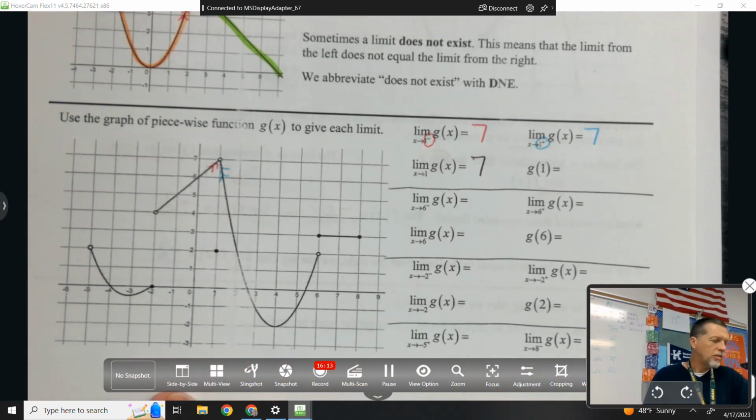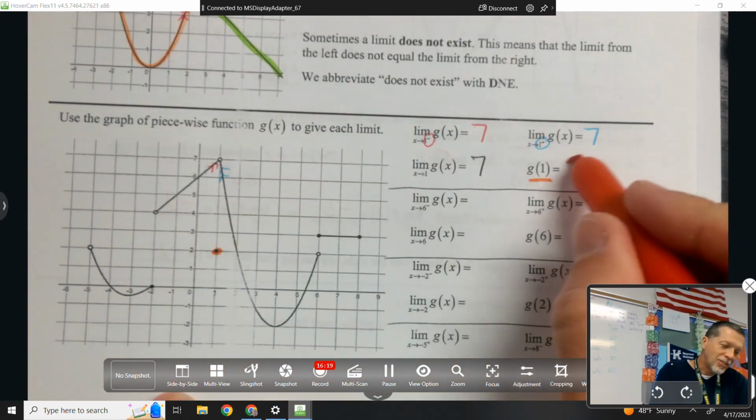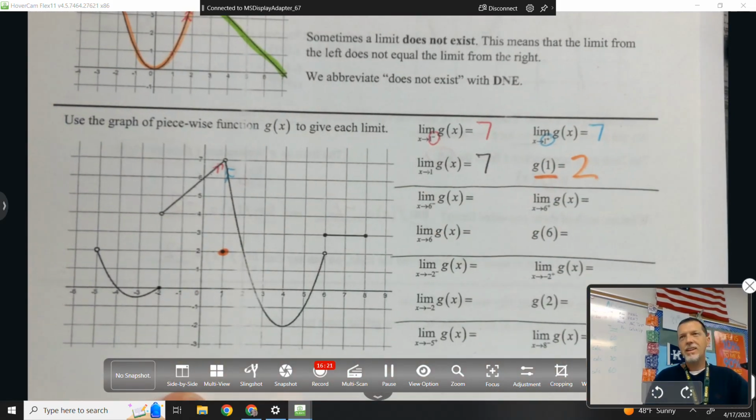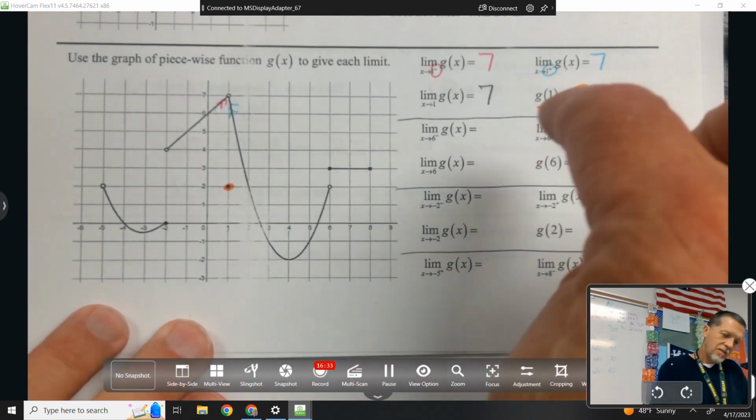What about g of 1? Good, that's the dot, that's 2. Like the function at x equals 1, the height is 2. Even though the limits were up there at 7. All right, why don't you try the next 4, 8, 10.